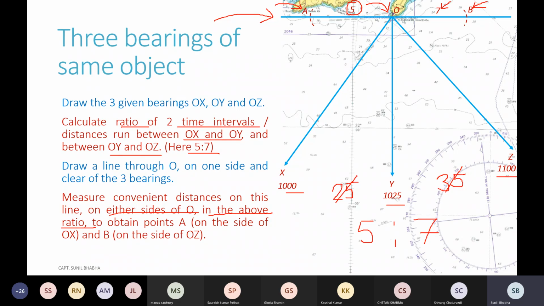Important thing to remember is that the ratio of distance OA to OB should be the same as the ratio of time interval between first and second bearing and second and third bearing. As you can see now, the line is marked with distances 5 and 7 miles, and this ratio is matching with the ratio of time intervals, which was also 5:7.